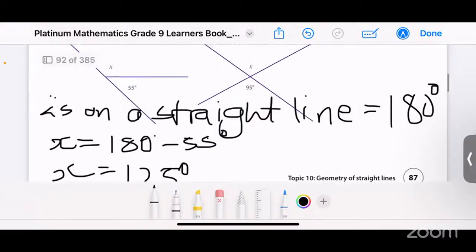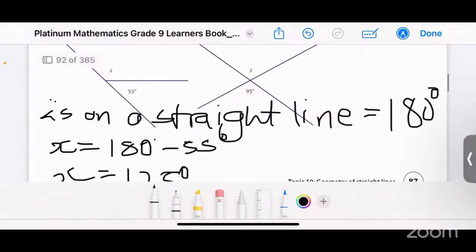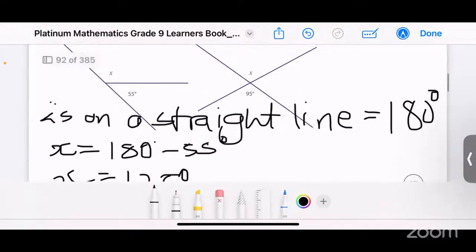What is the value of X? What do you think is the value of X? The value of X is 95. It's 95. Well done. What is the reason? Vertically opposite angles. Well done. These are vertically opposite angles.